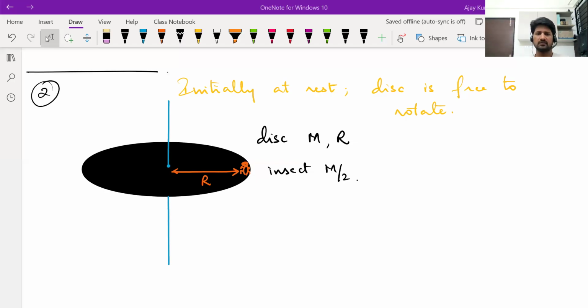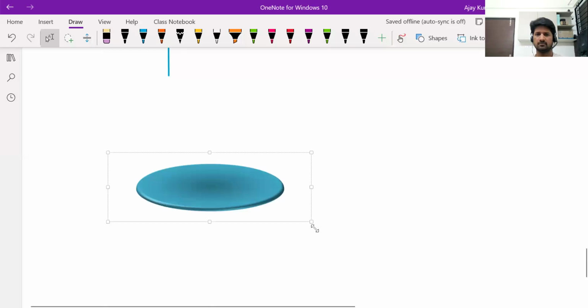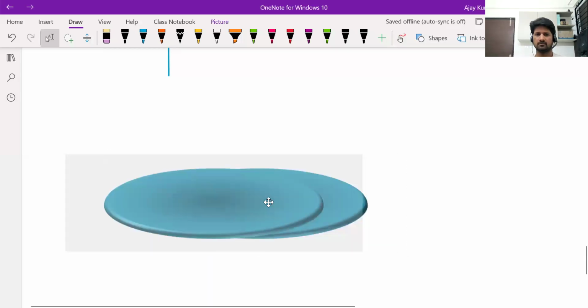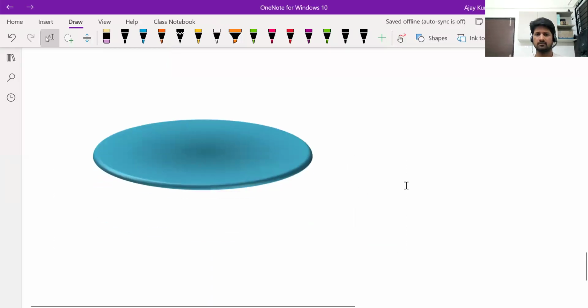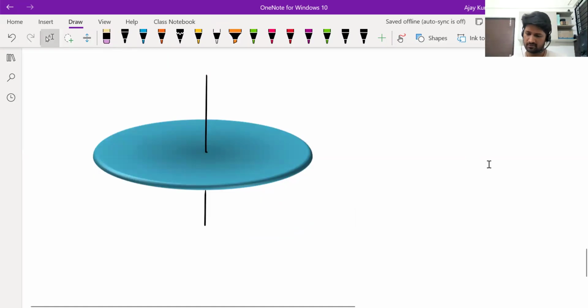Correct. Okay, wait. Let us replace the disk with this one just to visualize better. Okay, the disk is restricted to rotate about this fixed axis. It has no other choice, and it cannot move away from that axis also.